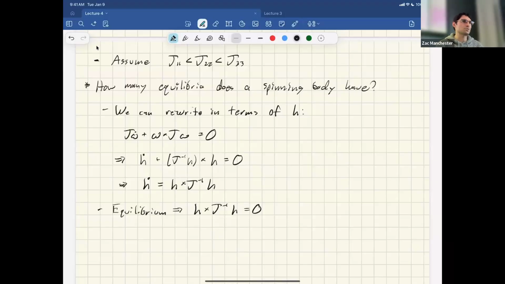Basically, when's a cross product equal 0 in general? Anybody? Help me out. Yeah, so when the vectors are parallel, right? Okay, so when is h and j inverse h going to be parallel?